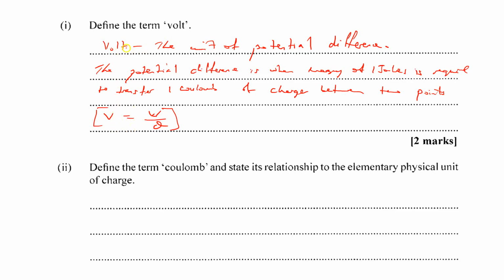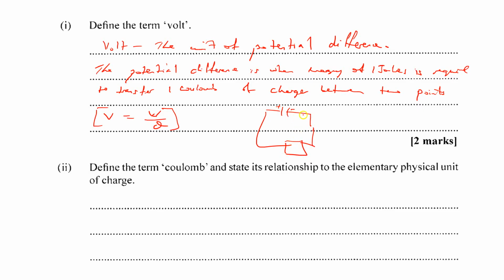And we said that the volt is the unit of potential difference. So to add a little bit more information to it, we say that the potential difference is when energy of 1 joule is required to transfer a coulomb of charge between 2 points. So imagine that we have a circuit, and we have a power source right here, and we have some device connected here.